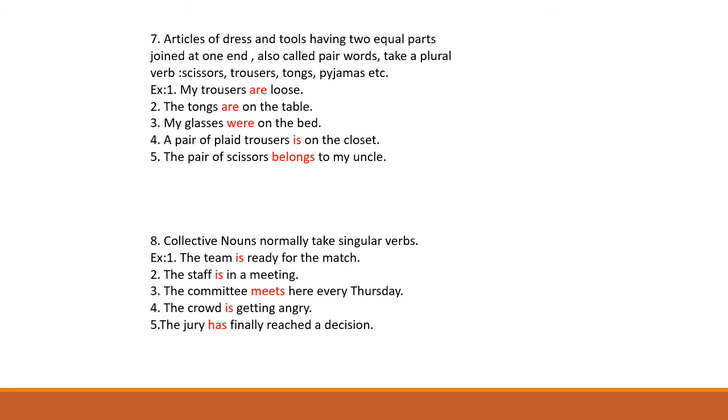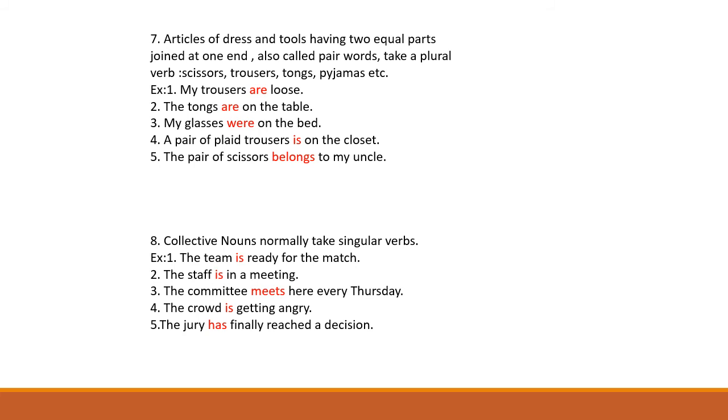Now, how do we use the subject and verb? My trousers are loose. The tongs are on the table. My glasses were on the bed. A pair of plaid trousers is in the closet. The pair of scissors belongs to my uncle.